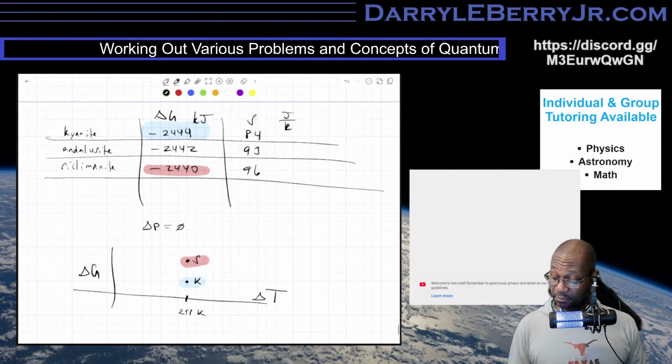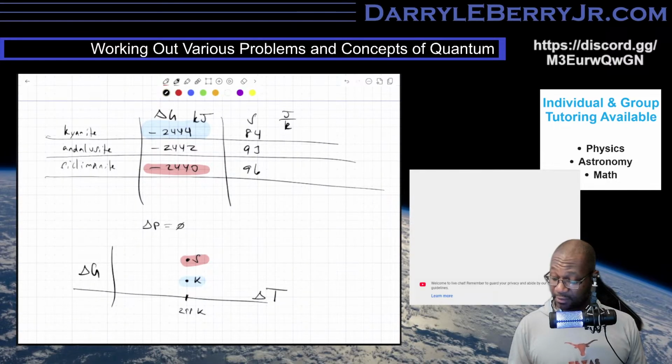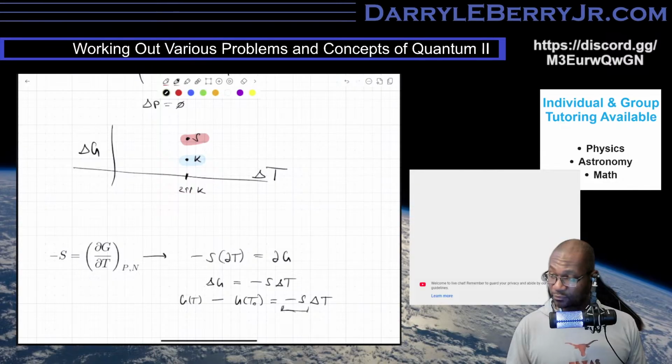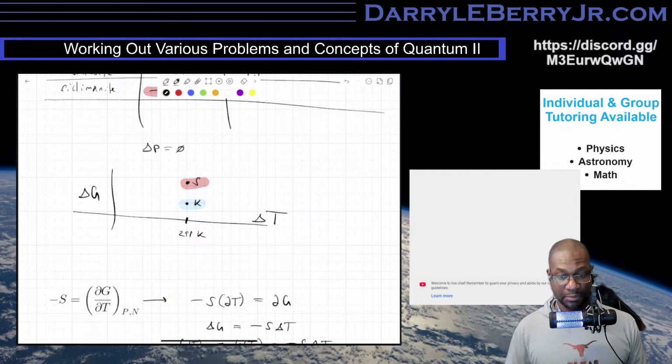Should be bigger because it's negative that, but it is going down because it's a negative slope. So let me make sure I graph this properly.